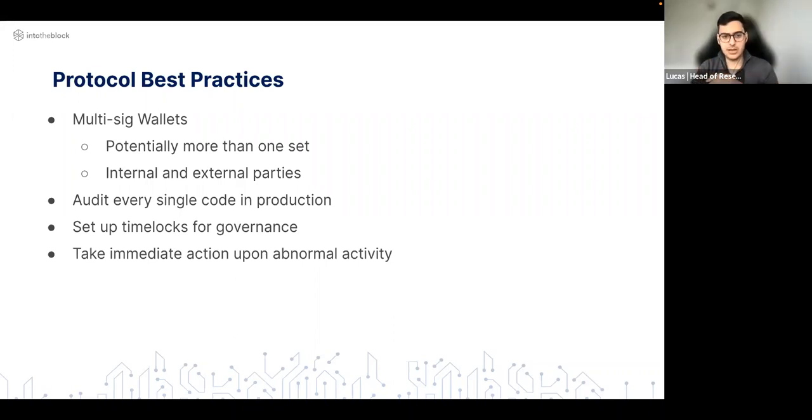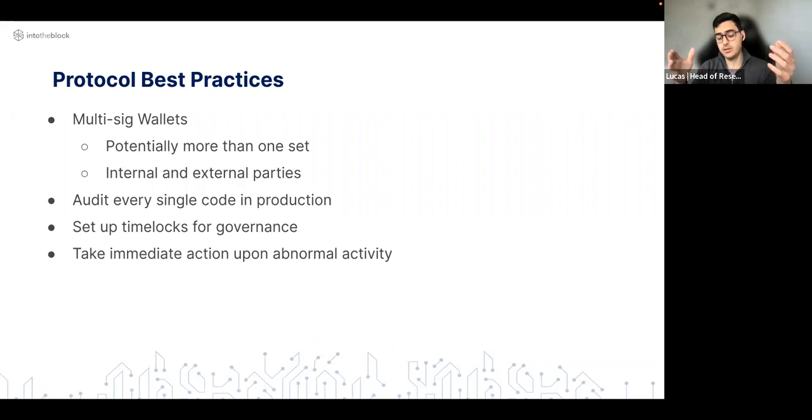This is already a common practice, but have time blocks for governance, such that if a governance proposal passes, there is at least a period of 24 hours or so for people to be able to review the consequences before they get enacted, so that there's no malicious person trying to withdraw funds from the protocol, and that can be reviewed more elaborately.